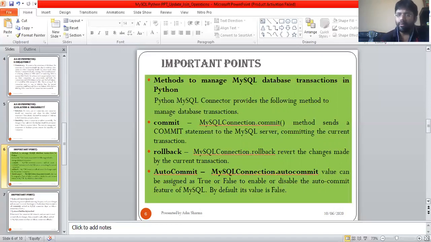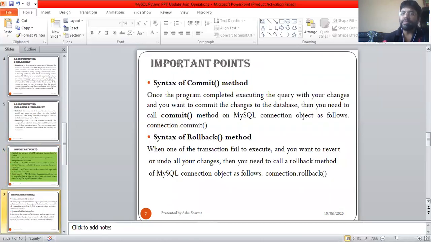Autocommit by default has the value false, and it can be assigned true or false to enable or disable the autocommit feature of MySQL. But by default, its value is false. Now move to the next slide. This is the syntax of the commit method.